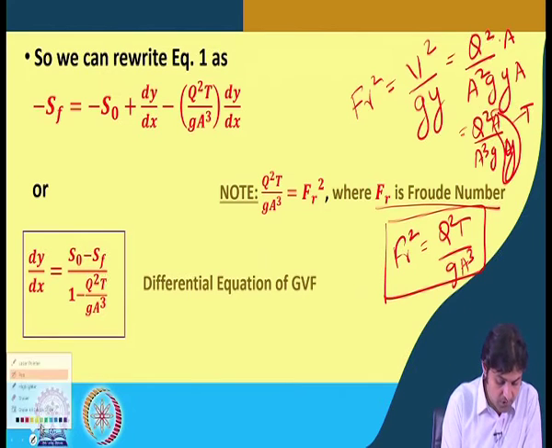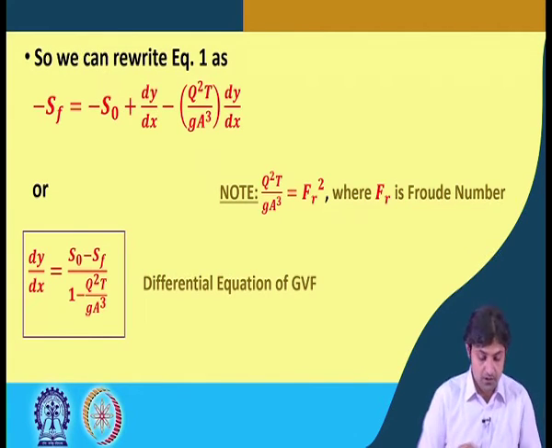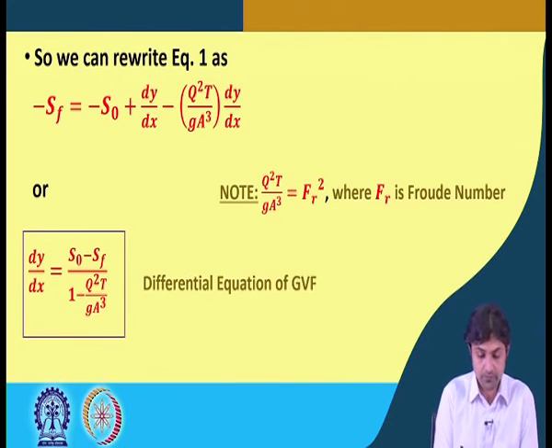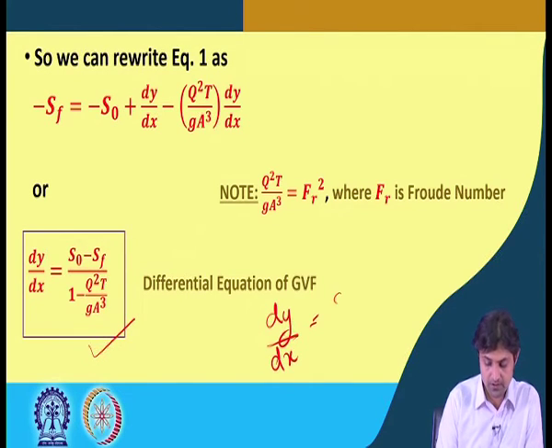So, you have also seen that Q square T by g A cube is Froude number squared. So, this equation is the same as we obtained: S naught minus Sf over 1 minus the same.